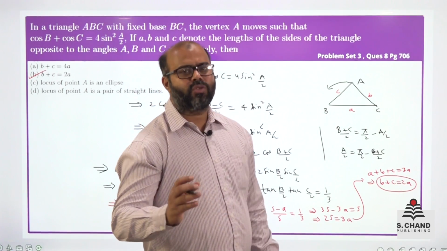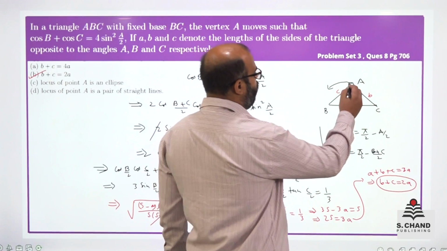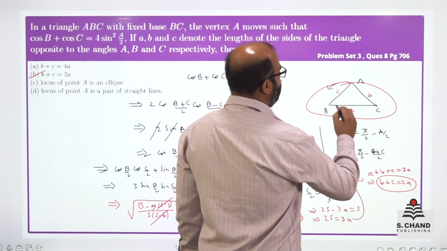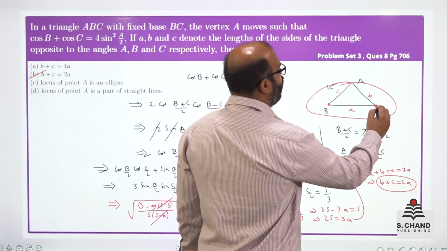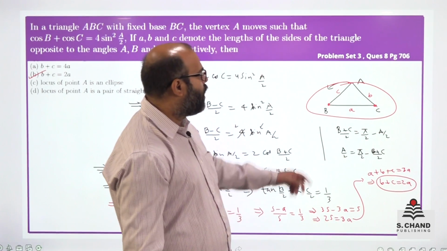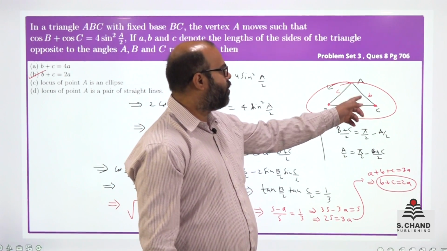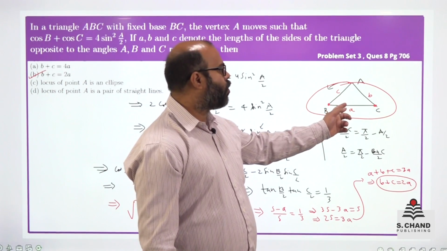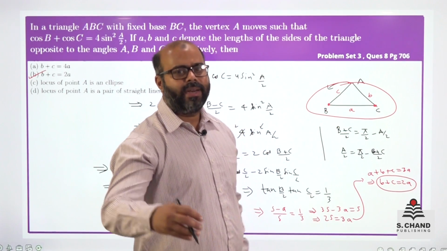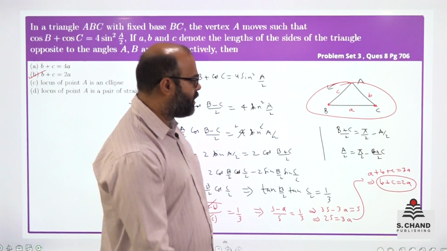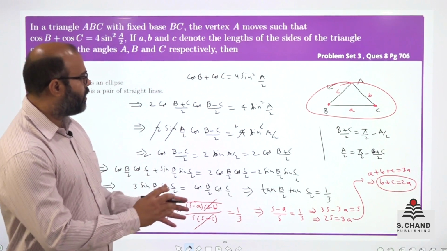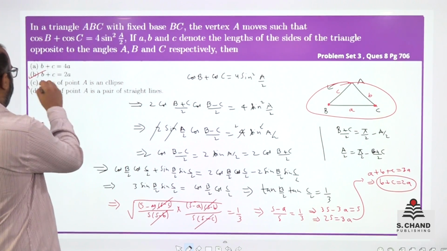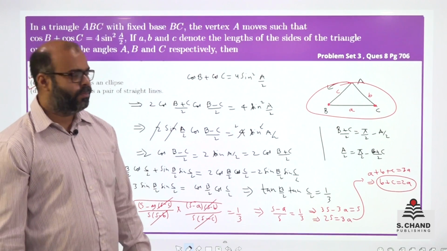So definitely this is the locus of an ellipse, whose foci are B and C, and such that the sum of distances from these two foci is constant, which is 2a, and greater than the distance between the foci, that is a. So this is how we can say that the locus of point A is an ellipse.